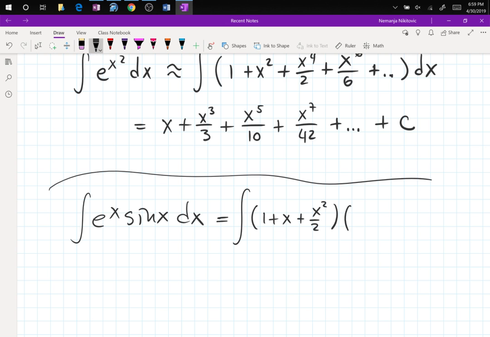Times sine, which is x minus x cubed over 3 factorial, which is 6, plus x to the 5 over 120, dx. FOIL, and then integrate. There's no more integration by parts, nothing.